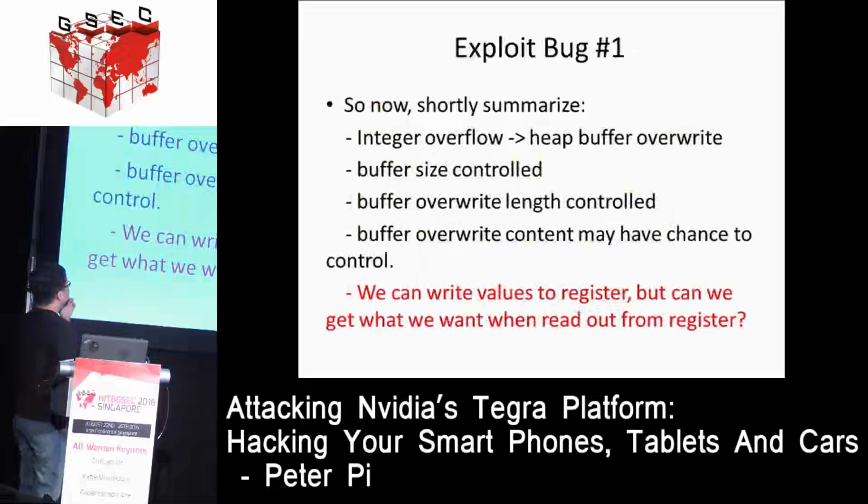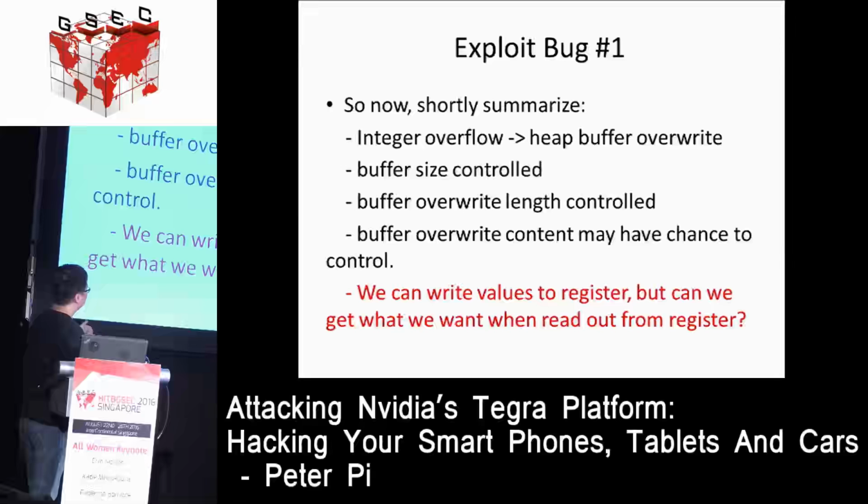So now, to shortly summarize what we have. We have an integer overflow bug. This integer overflow bug can change to a heap buffer overwrite, and we can control the heap buffer size because we can control the block size multiplied by the number of offsets.